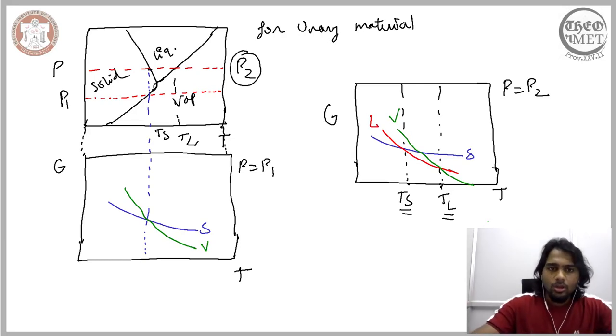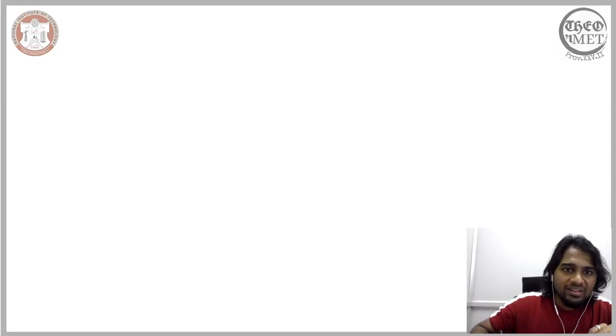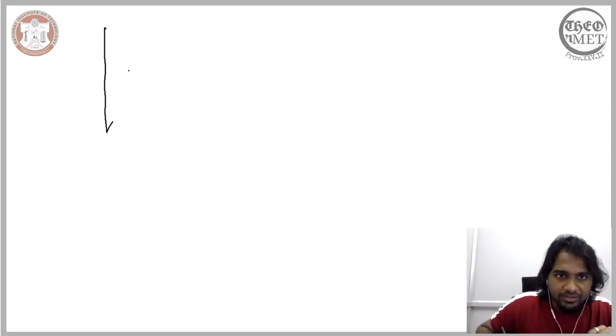Now, before moving ahead, it is also important for us to consider one rather common trend that we observe when we consider this phase diagram here for the unary system.